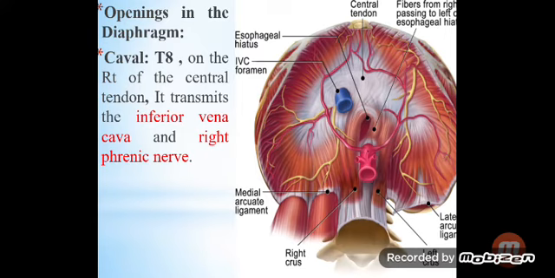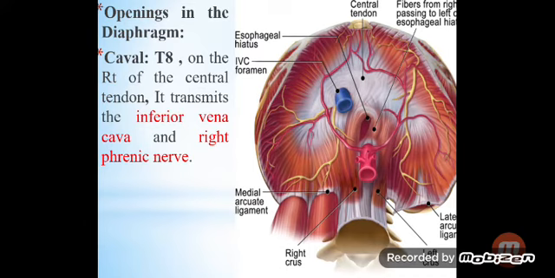The third one is the aortic opening, which is the most lower down opening. It is at the level of T12, the last thoracic vertebra. It is located in between the two crura, right and left crus. It transmits the aorta, thoracic duct, and azygos vein.